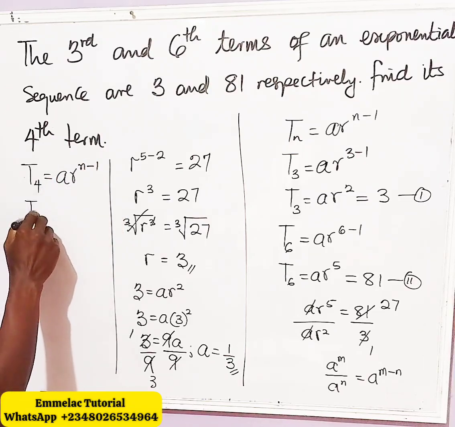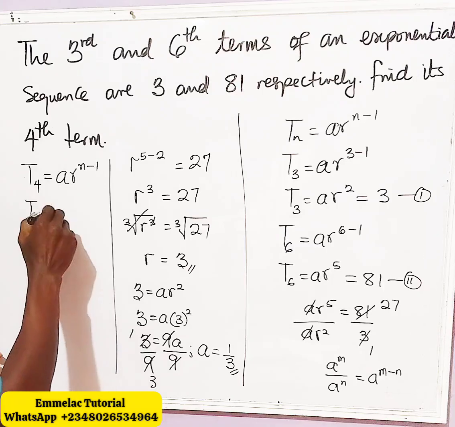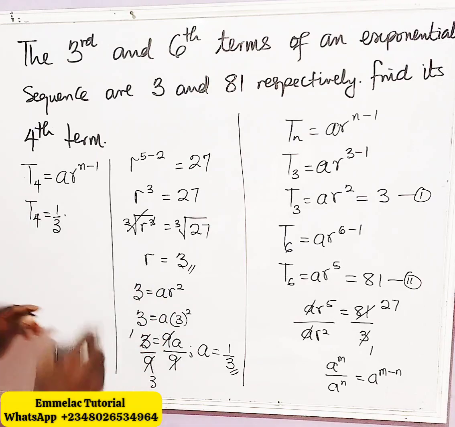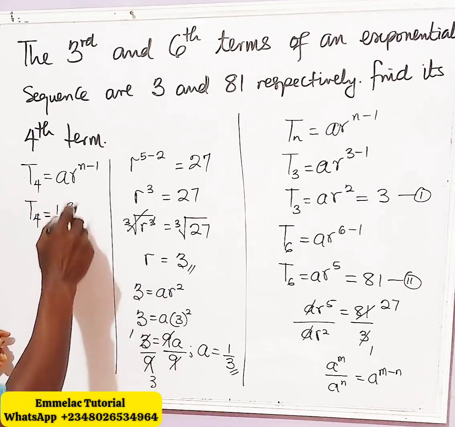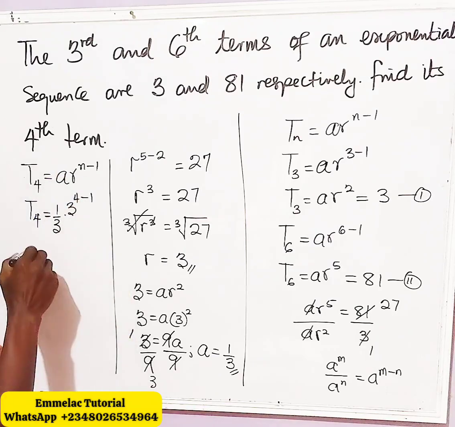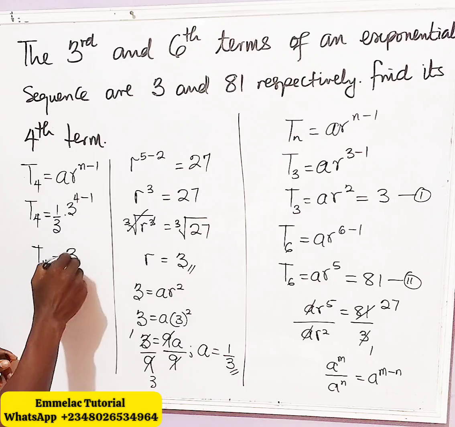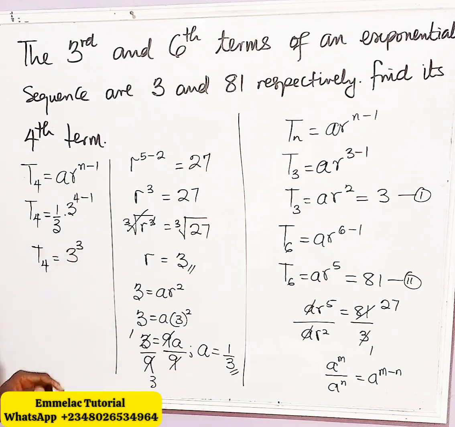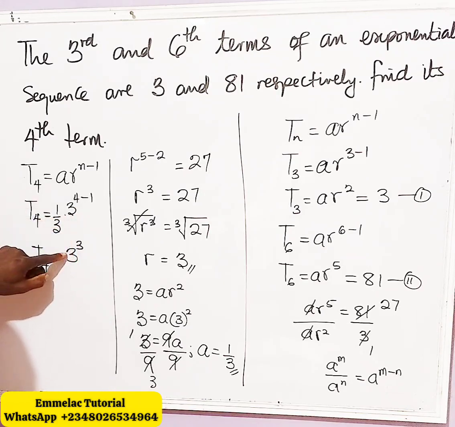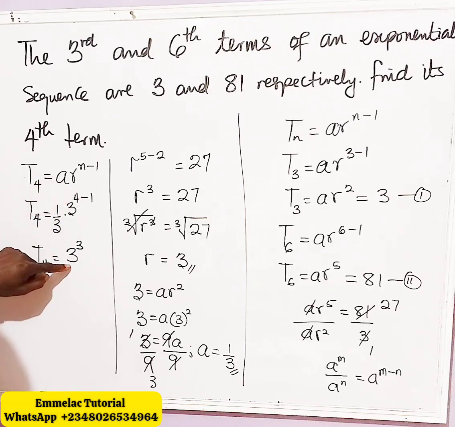Our a is 1 over 3, and our r is 3, raised to 4 minus 1. So T4 equals 1 over 3 times 3 raised to 3, because 4 minus 1 gives us 3.